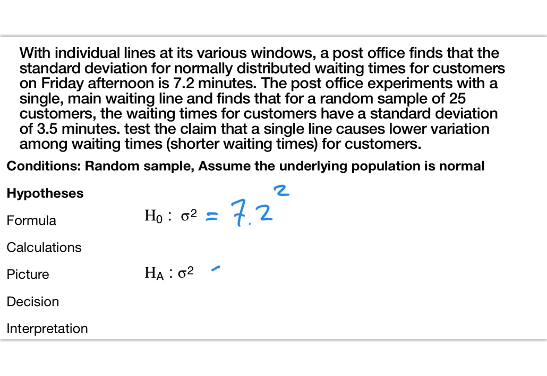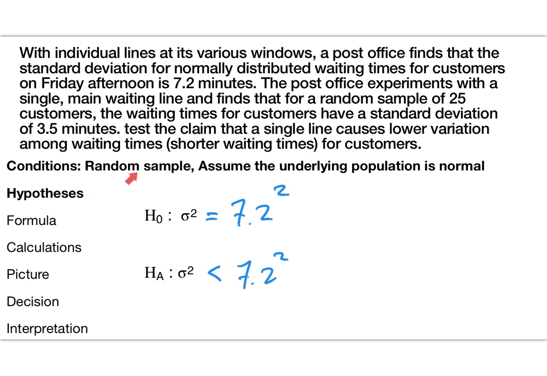We're going to test to see if it reduces 7.2 squared. The biggest thing you have to remember when testing variances is they're usually going to give you the standard deviation, and you have to remember that variance is sigma squared, not just sigma. So if the standard deviation of wait times is 7.2, the variance is 7.2 squared.